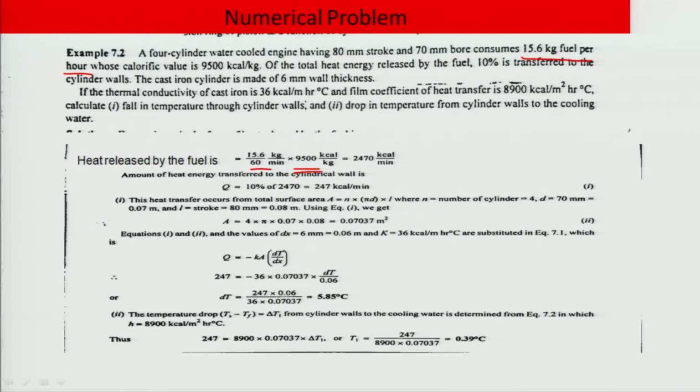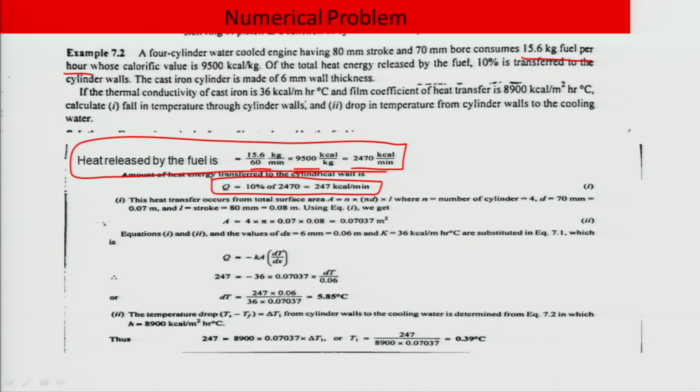So, it comes out to this much amount. This is the total heat released by burning 15.6 kilograms of fuel per hour, but only 10% of the heat energy is transferred to the cylinder wall. So, 10% goes to the cylinder wall, and we have to remove it.